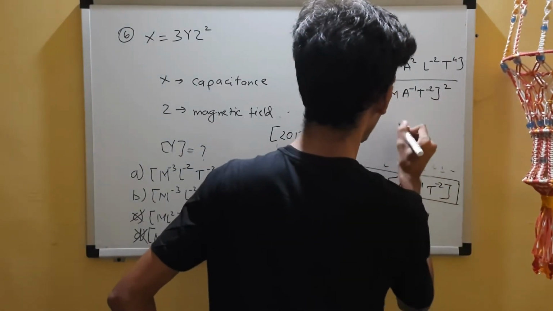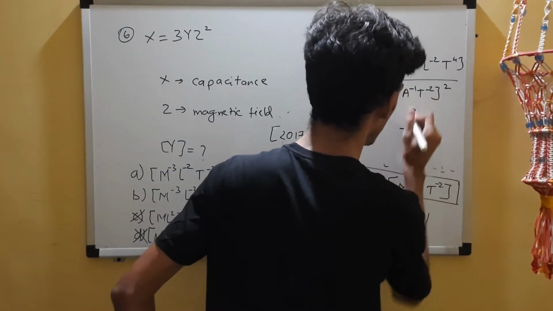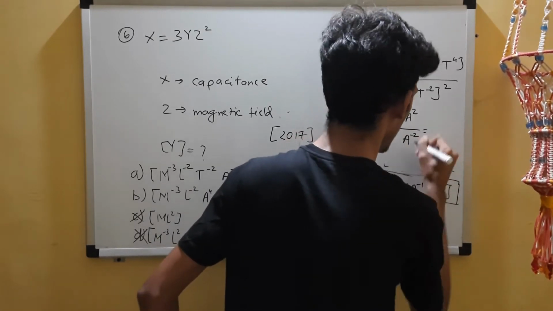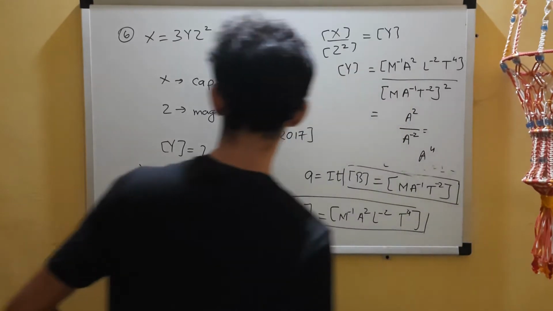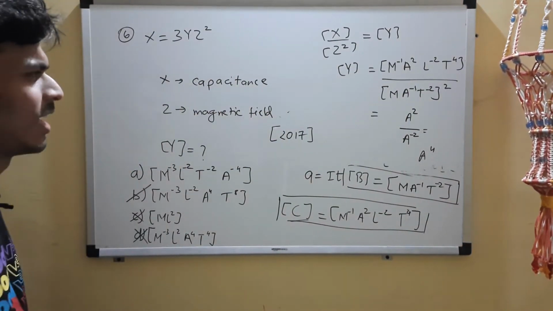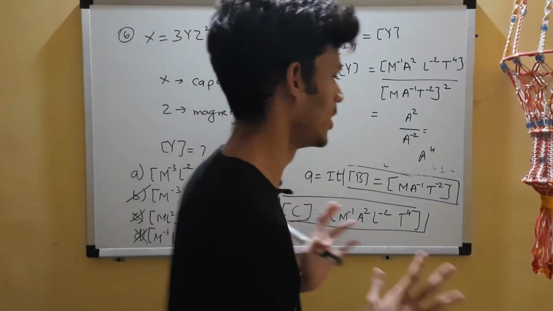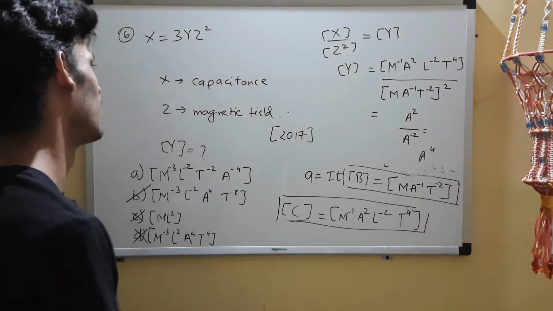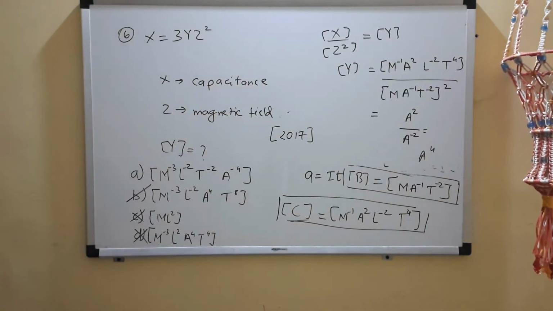This will become A to the power 2, and this will also become A to the power minus 2, and that goes on top, so A to the power 4. So we should get A to the power 4, option B is the correct choice. Don't solve it fully, just use logic. We are concerned about the answer, not about solving it. So you can note that down.